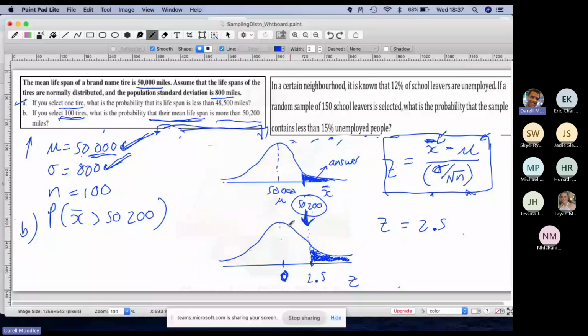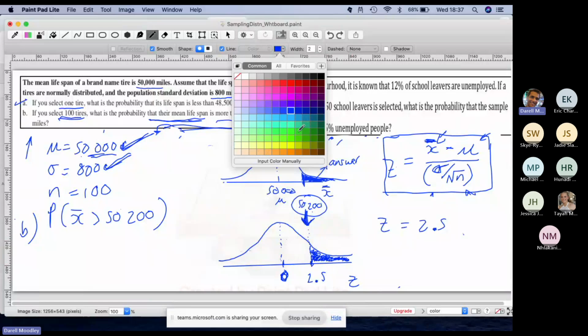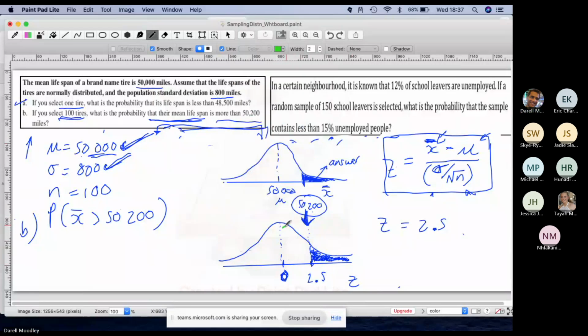Okay, now how we are going to do that is we use a table in the back of our book. Right, now I'm going to shade this area in green. Okay, now remember, using that normal table in the back of your book, you can get the area from 0 to any z value. And in this case, the z value is 2.5, right?